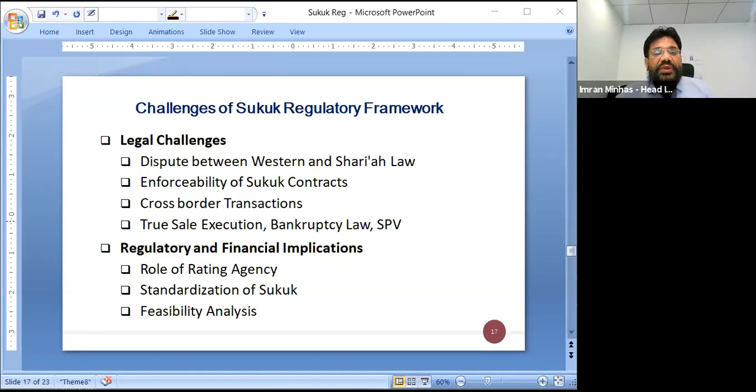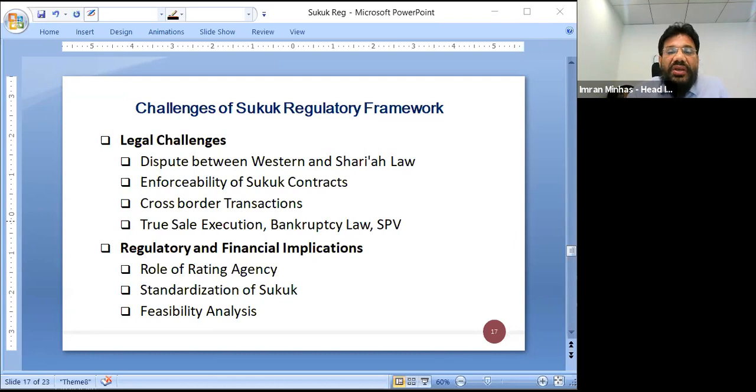So from the perspective of a new Islamic finance jurisdiction, the legal basis for Sukuk development is not sufficient, because the legal basis for Islamic financial development as a whole still relies on the conventional banking laws and regulations.